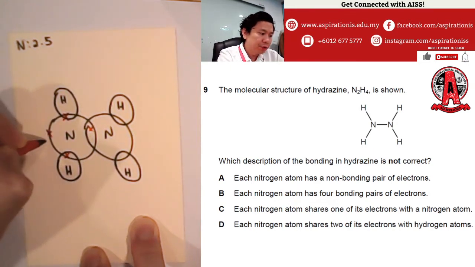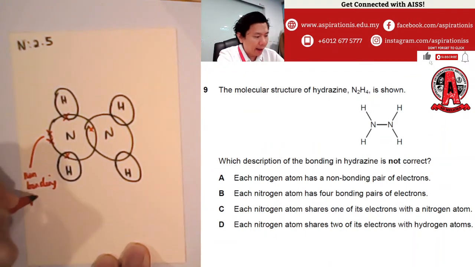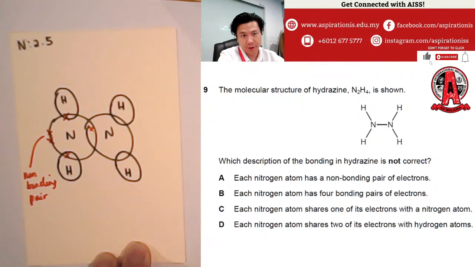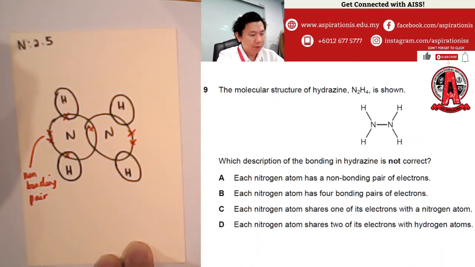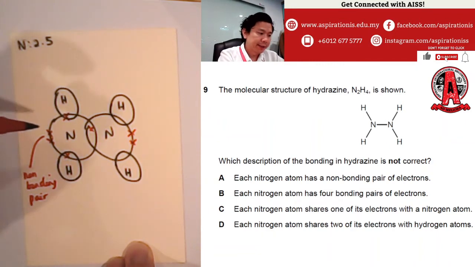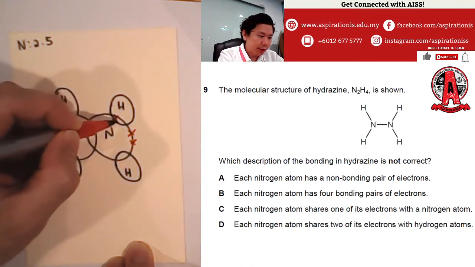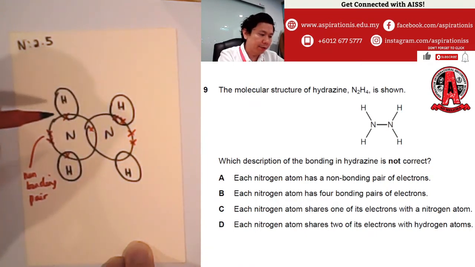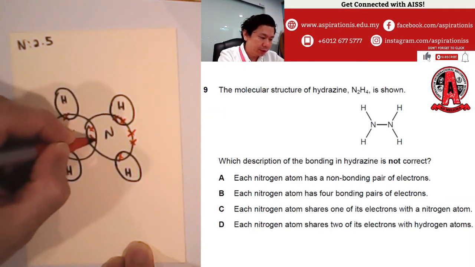So the nitrogen has 1 non-bonding pair of electrons, and each nitrogen will have 3 bonding pairs. 1, 2, and 3.